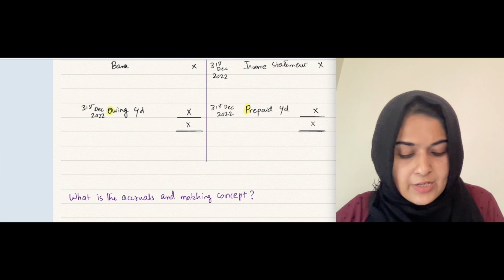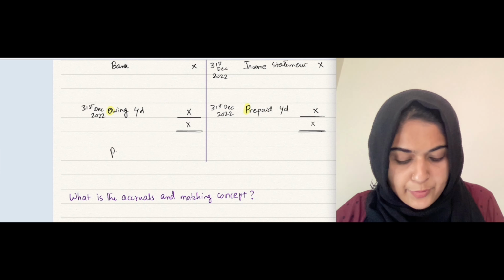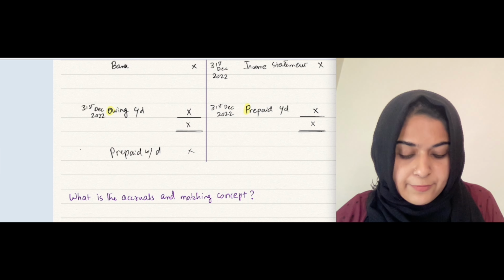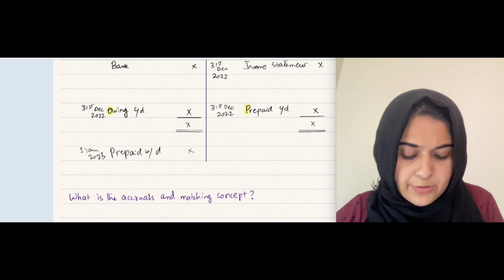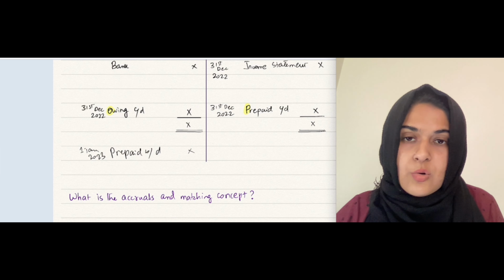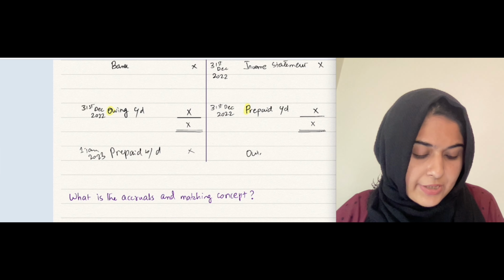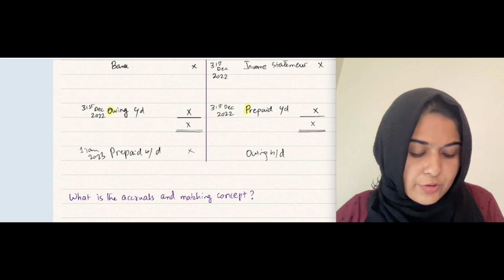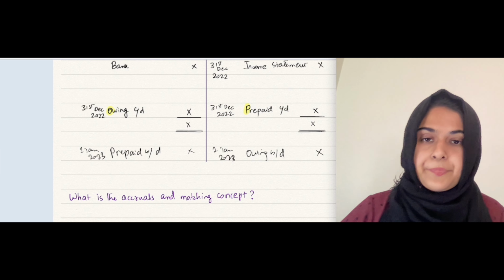So prepaid carried down becomes prepaid brought down, and you write the first day of the next year, so 1st January 2023, and owing carried down becomes owing brought down for the next year. So you write here 1st January 2023 and you write the amount.